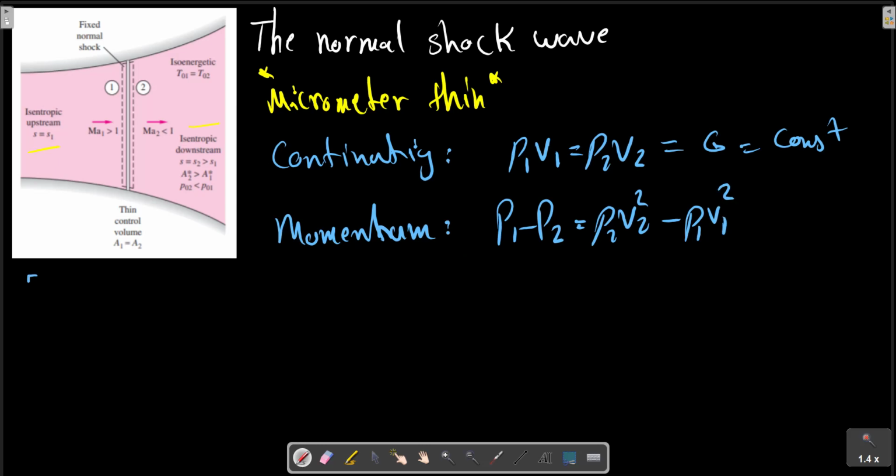and the energy equation is H1 plus 1/2 V1 squared equals H2 plus 1/2 V2 squared, and the potential energy is negligible.